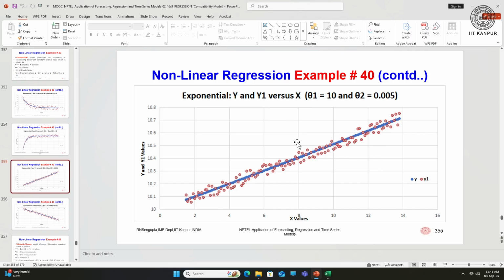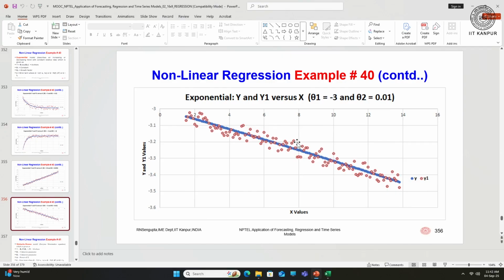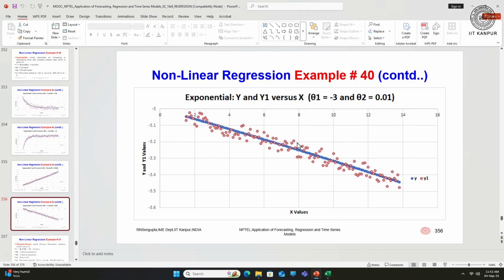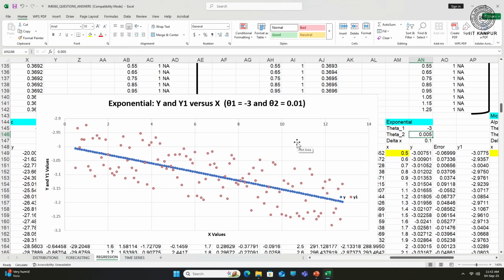So, that would depend on how the errors have been simulated, because in the simulation study, as I said, you have all these three things under control. Number 1, the set of parameters, number 2, how you simulate the error, and number 3, the starting values of x and the incremental values of x. In the third graph, which is totally different, which is downward sloping, we have theta 1 as -3 and theta 2 as 0.01.